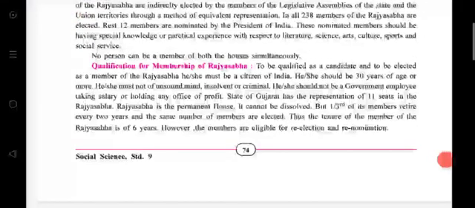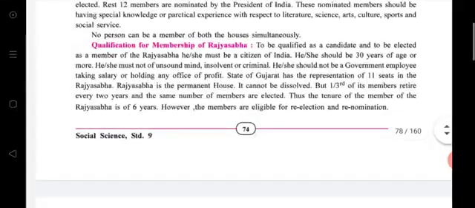In short, you need not write the full exercise, but you cover all the points. And if you have any doubts and problems, then it is more preferable that you only write the exercise. Okay, if you are facing a problem of how to write which point, then you can write the exercise. But if you write every topic like a short note, then for examination purposes it is more useful.